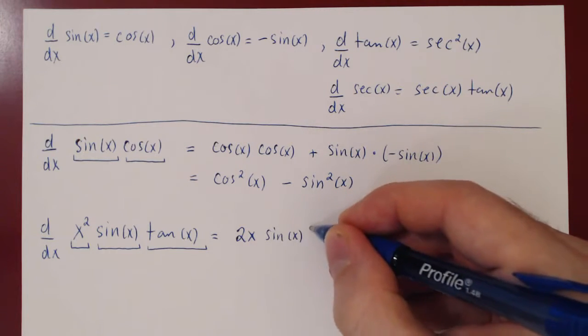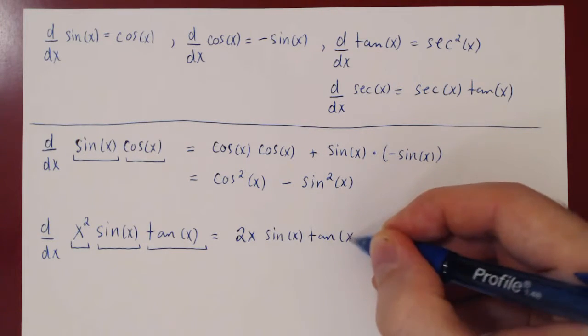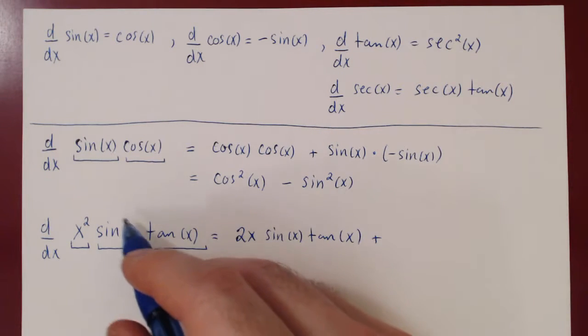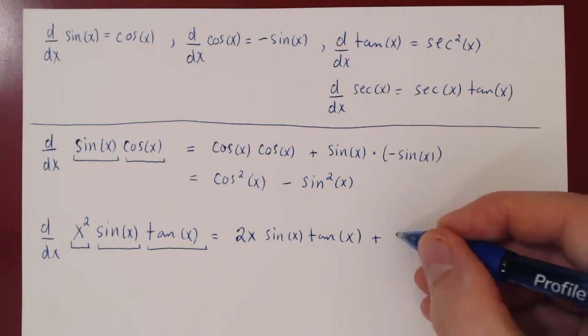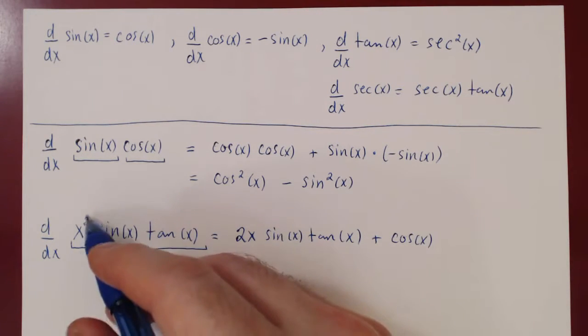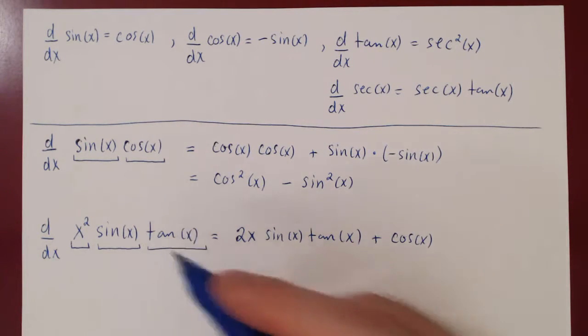Sine of x, tan of x, plus the derivative of the second function, which is cos of x, times everything else, therefore x squared tan of x.